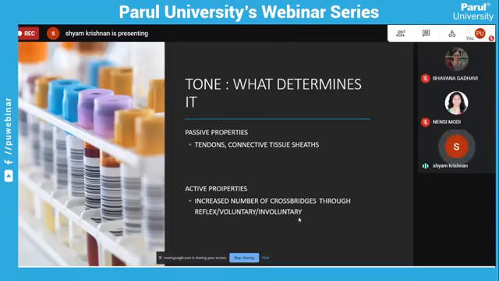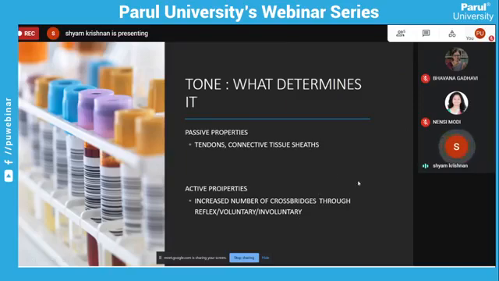Now, what you need to know is that when you talk about hypertonia, the most common thing you are alluding to is basically spasticity. Whenever you're talking about hypertonia, or an increased resistance to a passive movement, you are essentially looking at a combination of these two. We will see how that happens when we learn the pathophysiology.